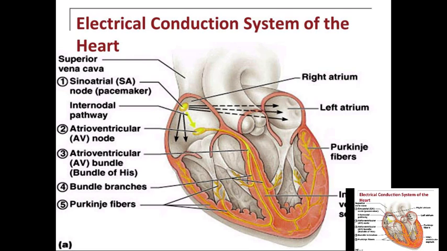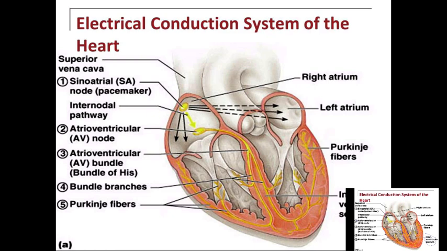Once it's sent to the AV node, notice that the pathway, follow the yellow pathway, it's hidden in this wall. This wall is the interventricular septum. The septum is a wall. The interventricular septum is that thick muscular wall that separates the right and left ventricle.